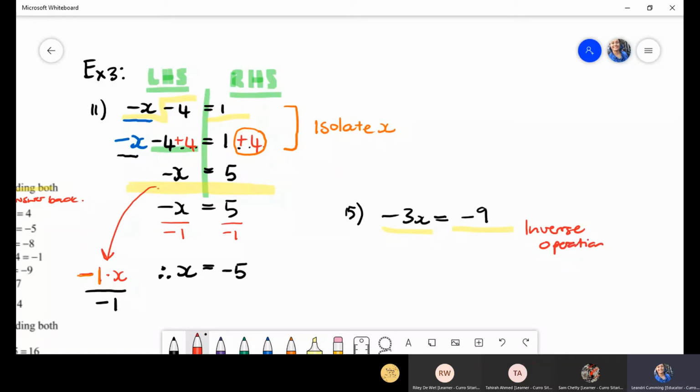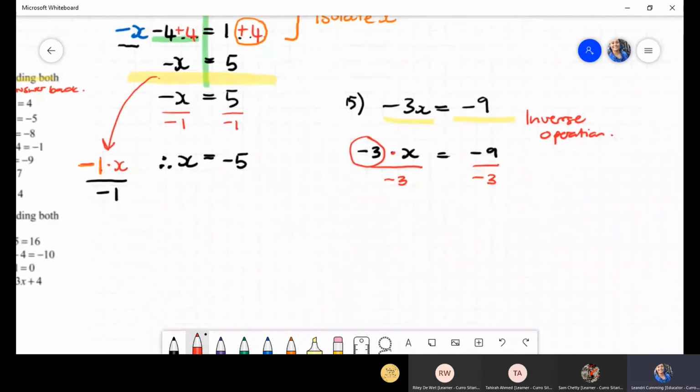And at this point I ask myself, I'm given -3 times x, which is equal to -9. But how do I undo the multiplication? I undo it by using division. If I'm timesing by the -3, I will always divide by what is in front of x. I will always divide by the coefficient.